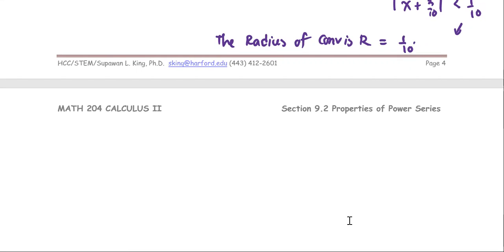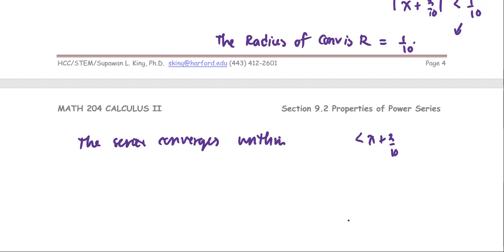For r equals 1 over 10, we can say that the series converges within the interval x plus 3 over 10 greater than negative 1 over 10 and less than 1 over 10.